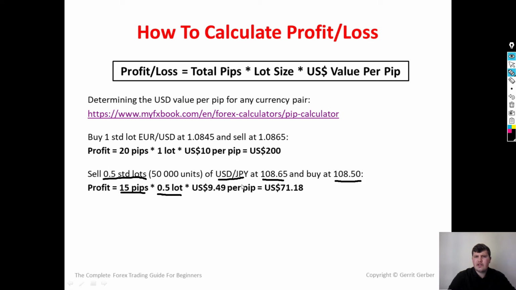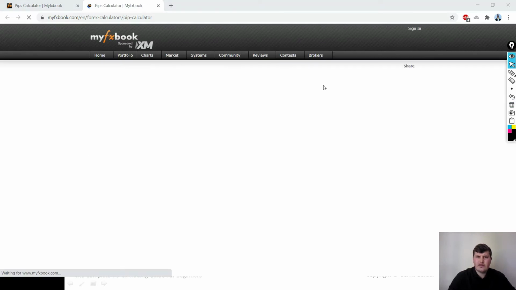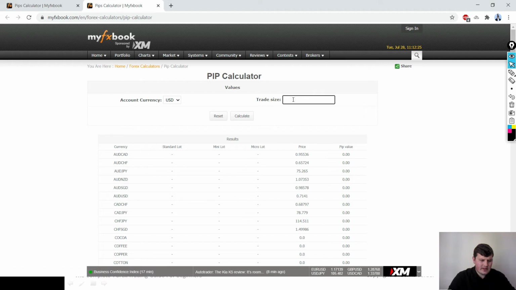And to determine the dollar value per pip, we are going to go back to this website over here, and we are going to determine the dollar value per pip for a trade size of 0.5 standard lots.